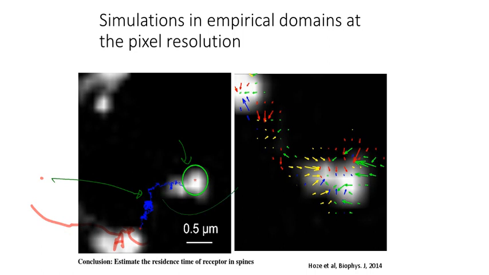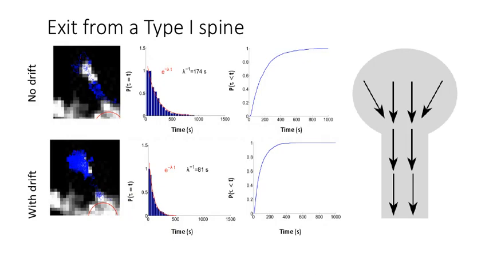The vector field here is the one described in this figure. So we had this vector field, and we use each arrow here for the drift at each position. And so this is an example where, for example, you are interested in the time a receptor stays inside the dendritic spine.